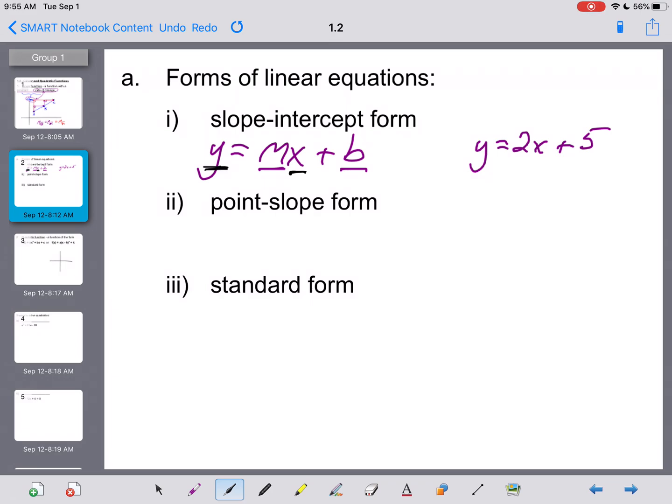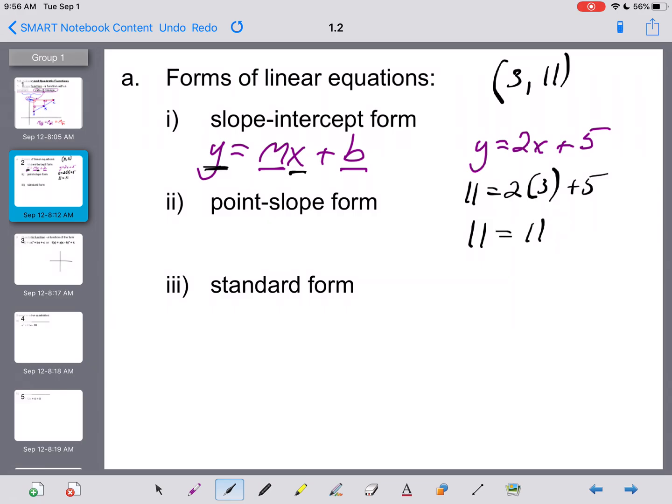So if we were to think about a point that might be located on the line y = 2x + 5, you guys could give me any x coordinate you wanted, but let's go with maybe 3. The y coordinate going along with that would be 2 times 3, which is 6, plus 5 is 11. And now working backwards, we could substitute those values in. 11 would equal 2 times 3 plus 5, and not surprisingly, because we concocted the point this way, we end up with a true statement of 11 equals 11.